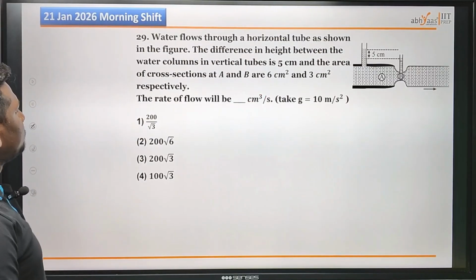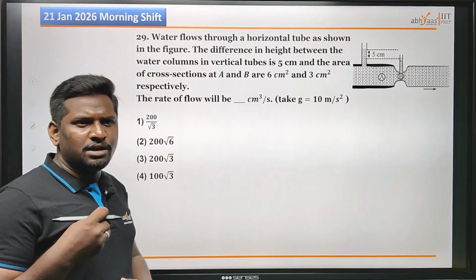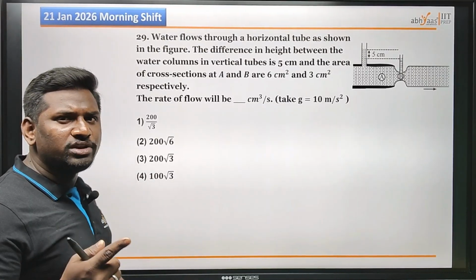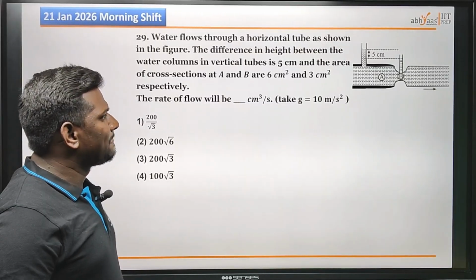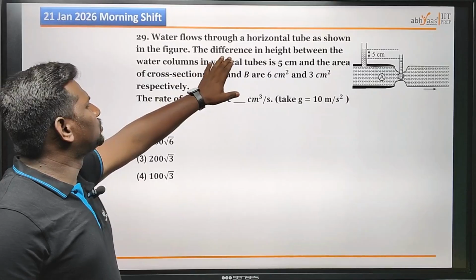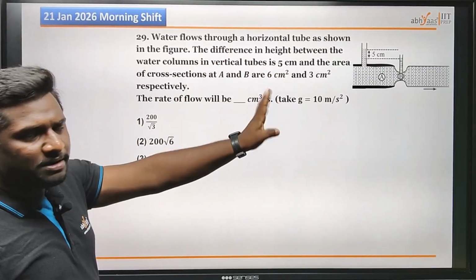So observe the next question. This is from mechanical properties of fluid, which includes the law of continuity and Bernoulli's principle. See that question. Water flows through the horizontal tube as shown in figure. Part A is there, part B is there.